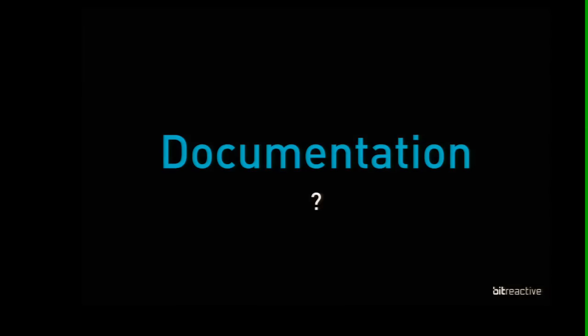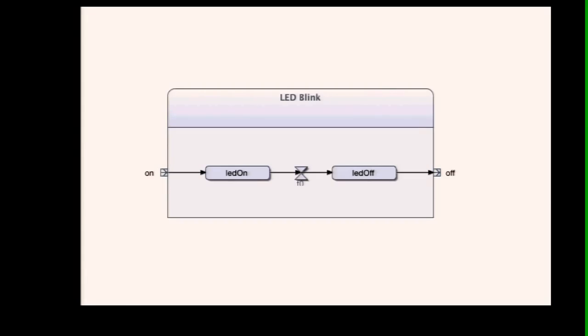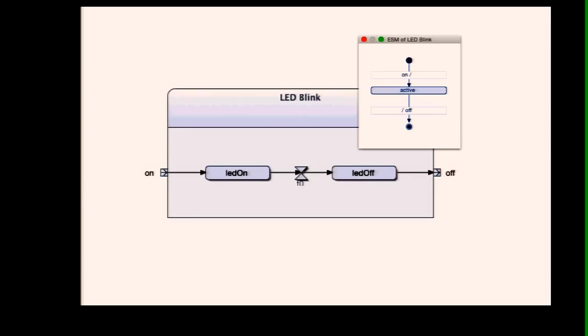How do we do that? Let's go back to our building block that we have created, the one that blinks the LED, and we just add a contract to it. And the contract now for this one is pretty simple. You see here, we have actually a state machine diagram. It has an initial state where it starts, then we switch on the LED, then we are in state active, and then we see in the next system step, so that means not immediately, the LED will switch off on its own.